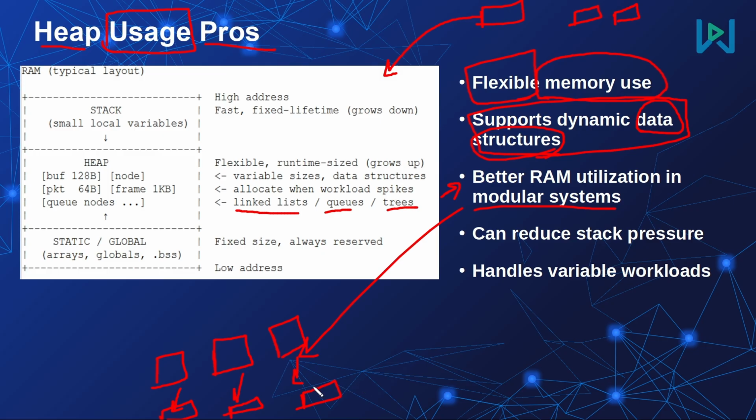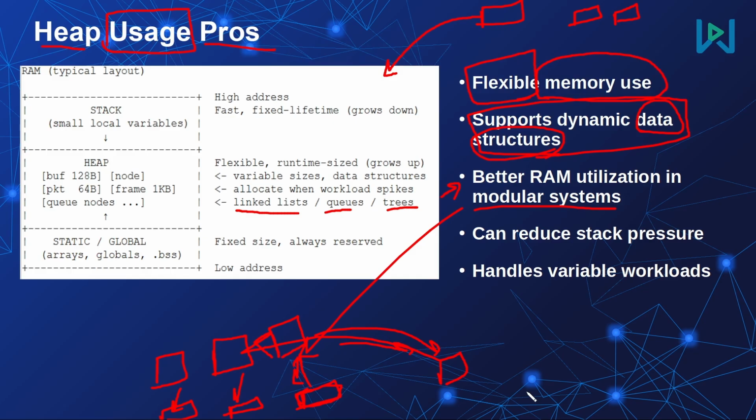Hence, instead of fixing the memory segment to be allocated to each of those modules, we can just rely on the heap allocation to allocate, based on the workload and the need, the different memory sections needed by those modules from the heap memory. So the allocation will be here dynamic and not static or fixed.